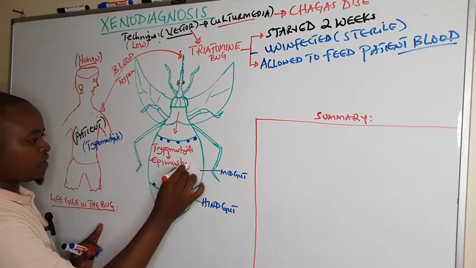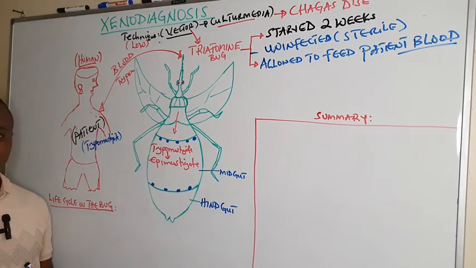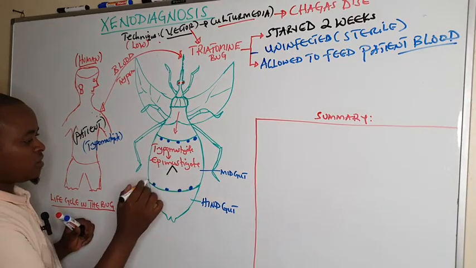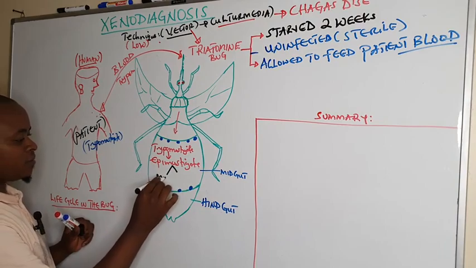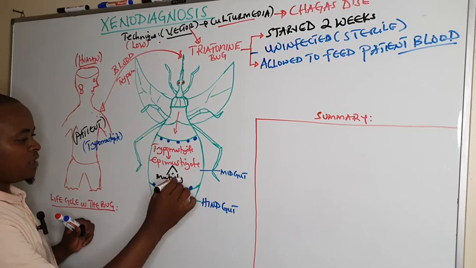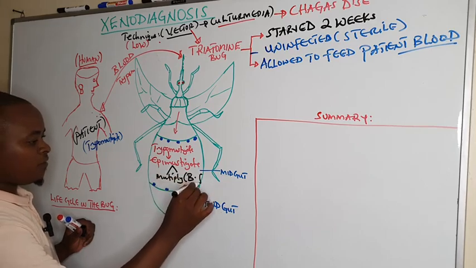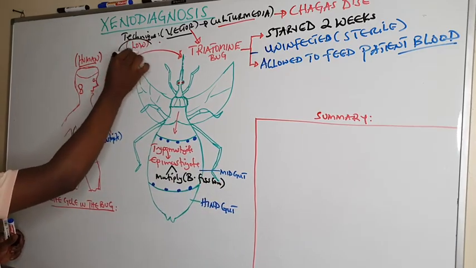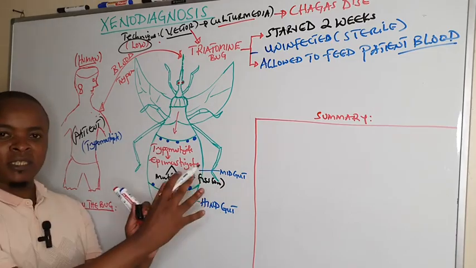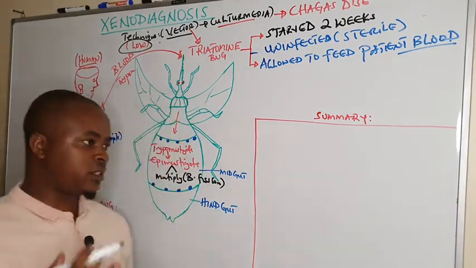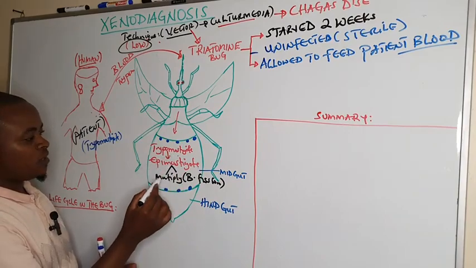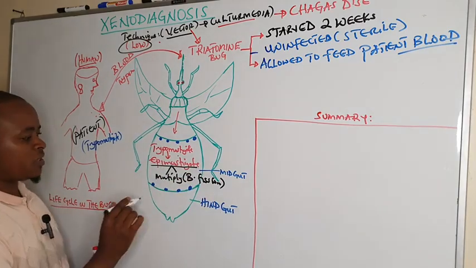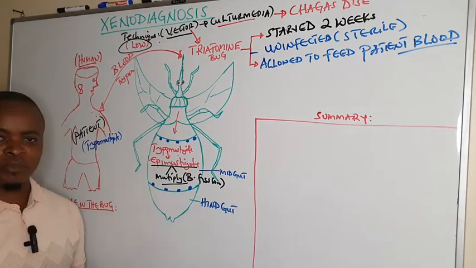These epimastigotes then undergo division by binary fission, so they multiply in the midgut. We said we suspect the parasite numbers to be low, so within the midgut we see the trypomastigotes metamorphosing into epimastigotes, and the epimastigotes multiplying to form many copies.